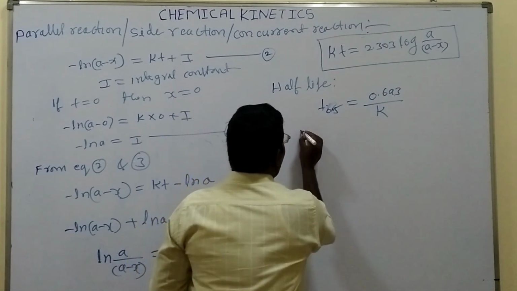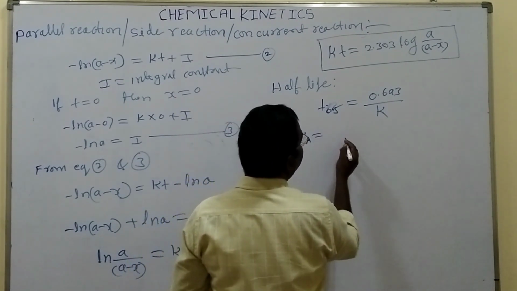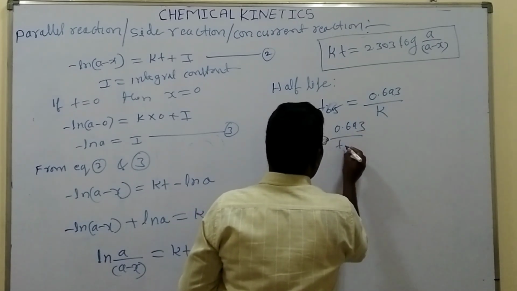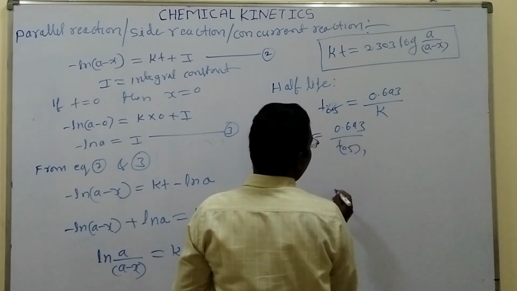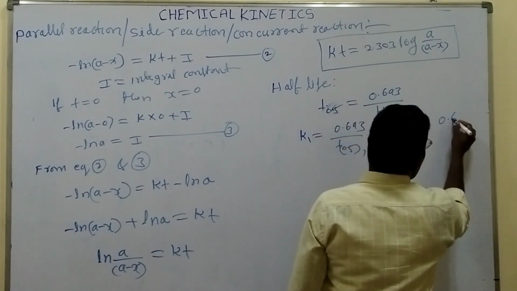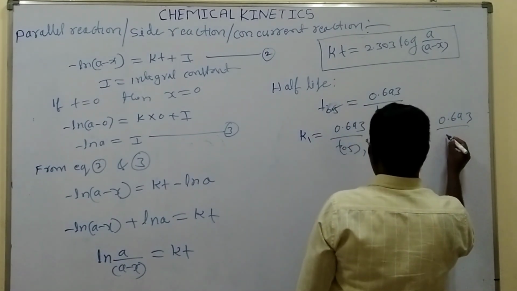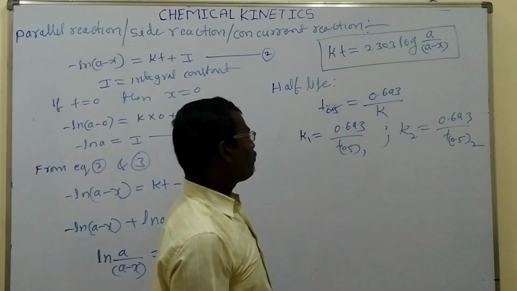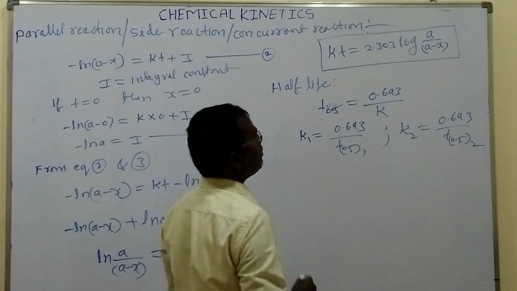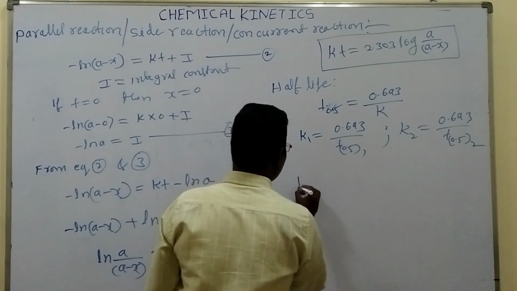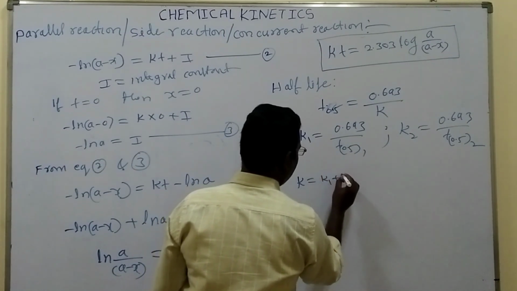So k1 is equal to 0.693 by t of 1 and k2 is equal to 0.693 by t of 2. If you want to calculate k1 plus k2, k is equal to k1 plus k2.